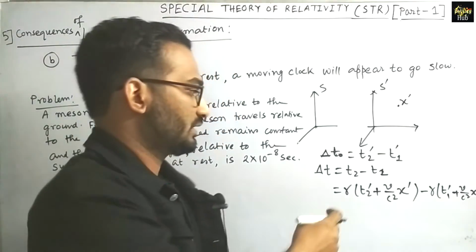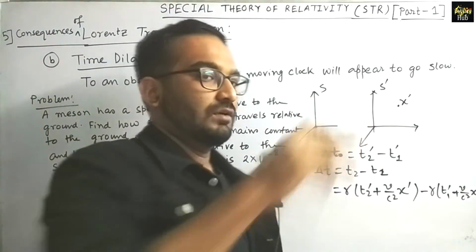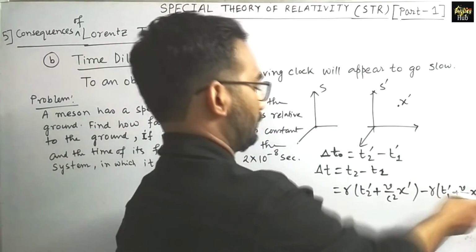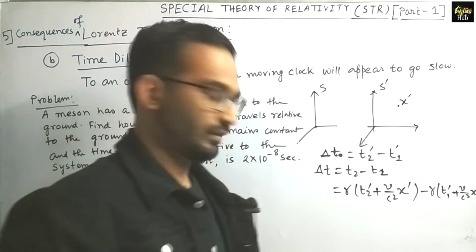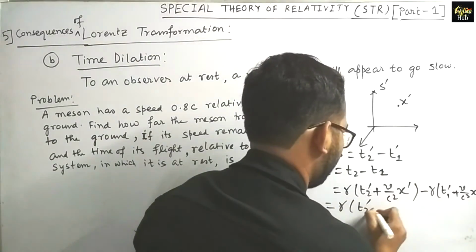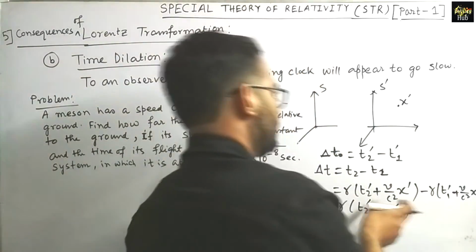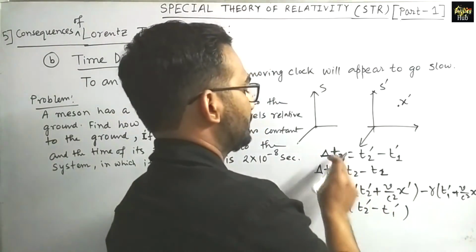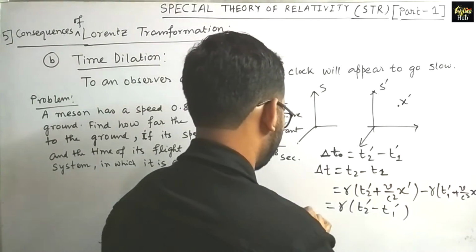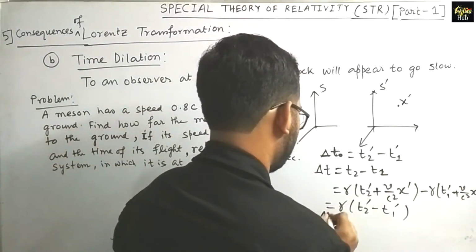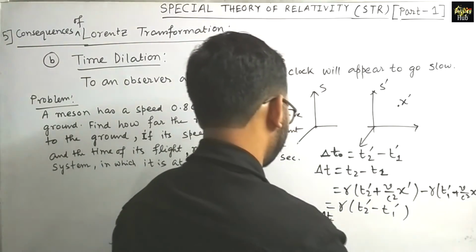As we are considering two events at the same point, we are writing x prime in both places. Therefore it is equal to gamma into t2 prime minus t1 prime, and these two terms get cancelled out. Therefore t2 prime minus t1 prime is the proper time interval delta t naught, equal to delta t by gamma.